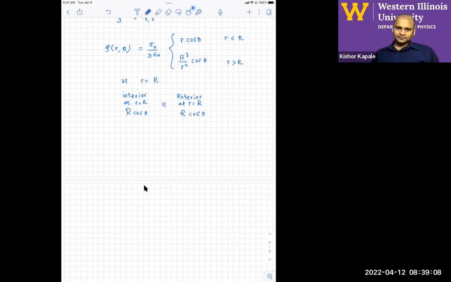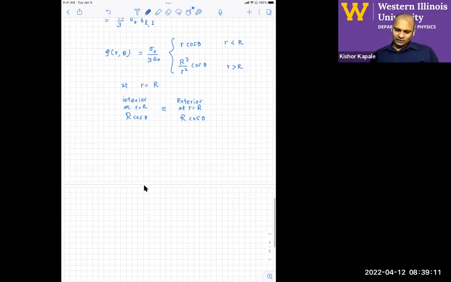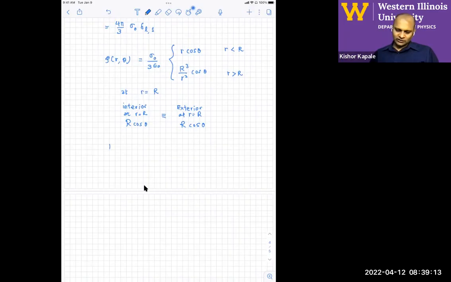And the electric field, if you wanted to determine this, is the negative gradient of phi. So which way is the gradient? The gradient is not along the radial direction, right? Let's take a look at it. You have the northern hemisphere cap, positive charge, southern hemisphere cap, negative charge.